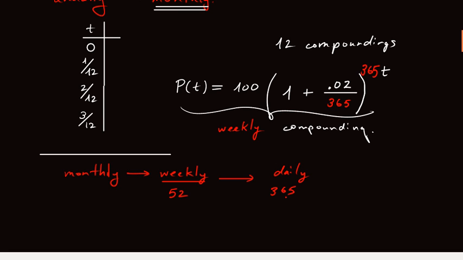Now, what does this have to do with the number e? Well, there's a notion called continuous compounding. This is when you're not compounding every month or week or day or minute. You're compounding all the time, continuously.